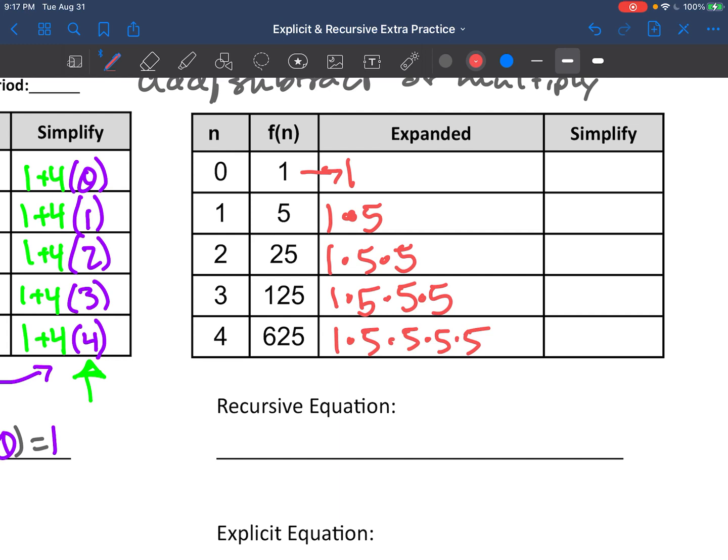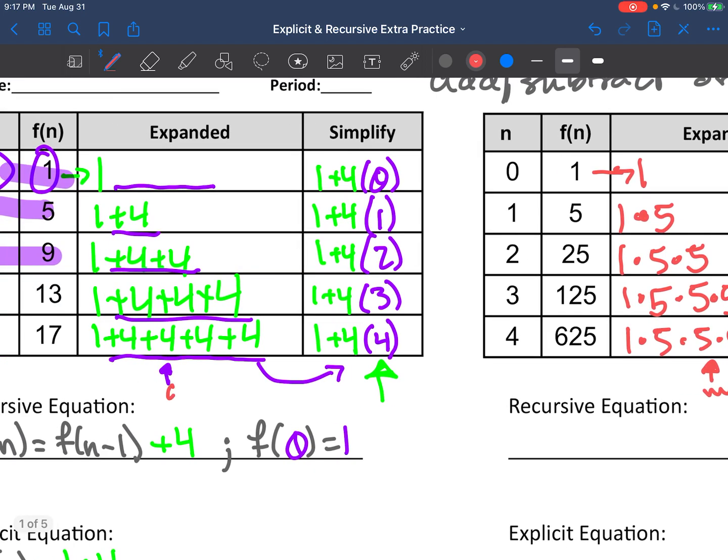Okay. And again, we want to simplify this. Now this time though, we are multiplying in our expanded. So when we simplify here, we're going to need an exponent. So if you multiply in your expanded, you're going to need an exponent.